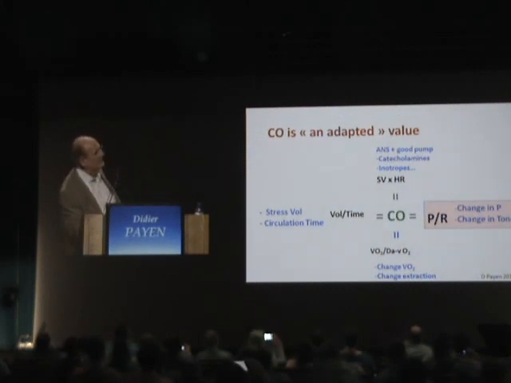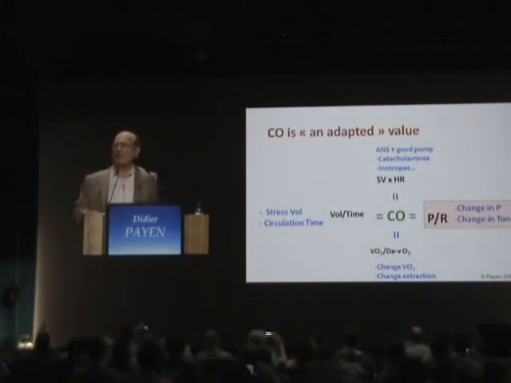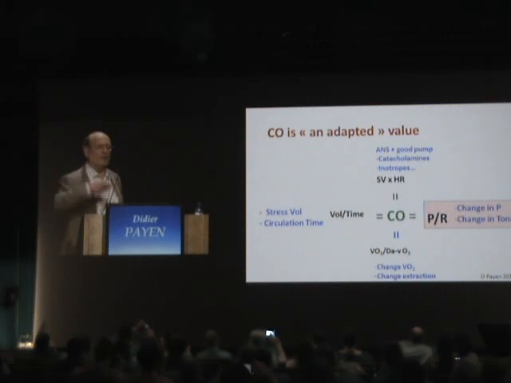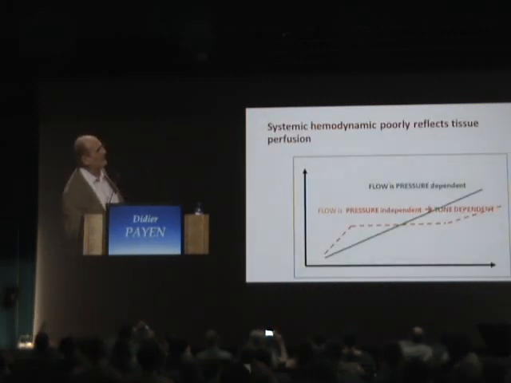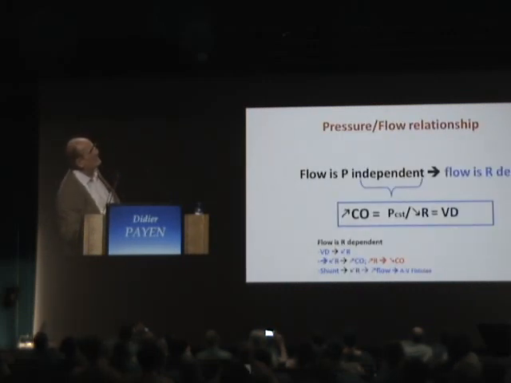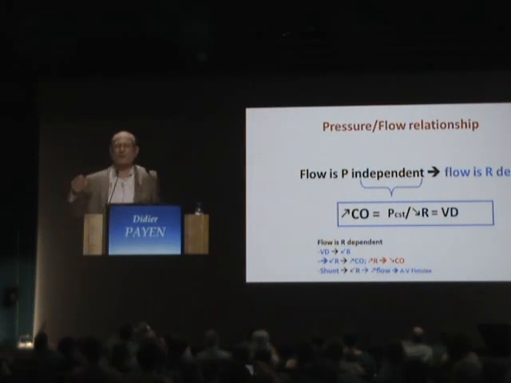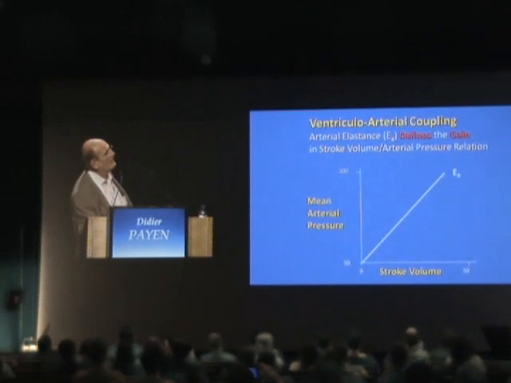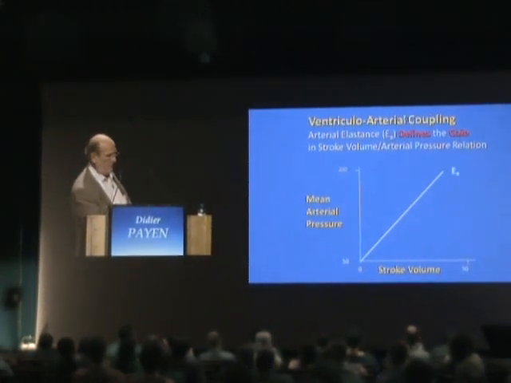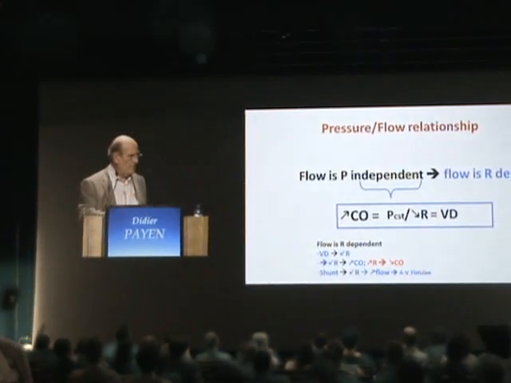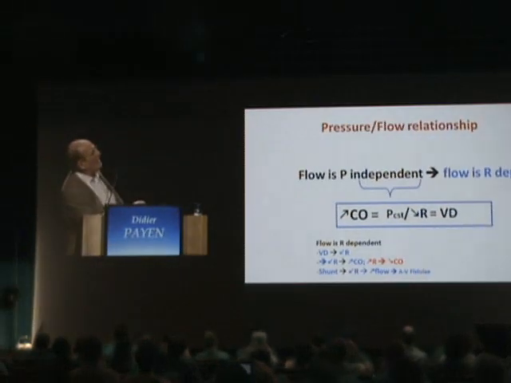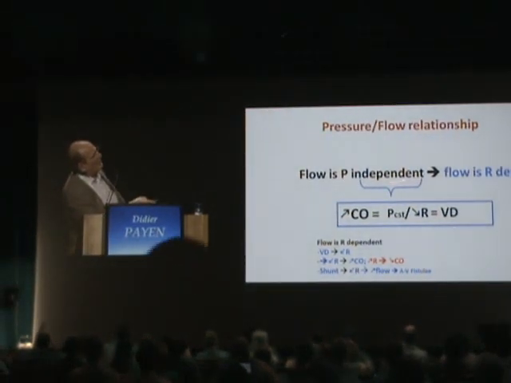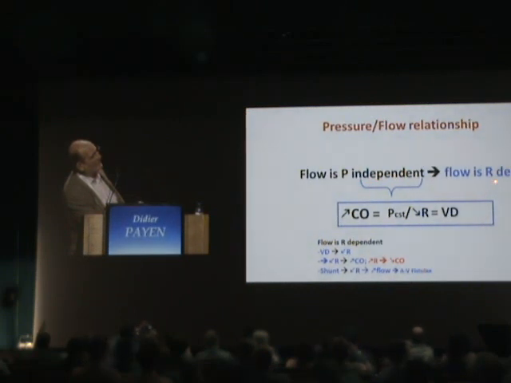Then the last point is the change in pressure and the vascular tone. You remember auto-regulated and non-auto-regulated circulation. You remember this? So, in the circulation where the pressure is not playing any role, the flow is depending on the vascular tone.